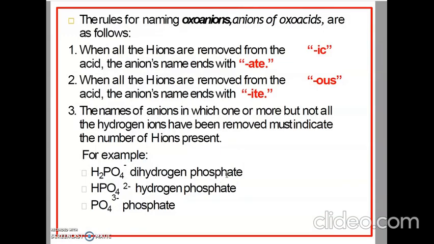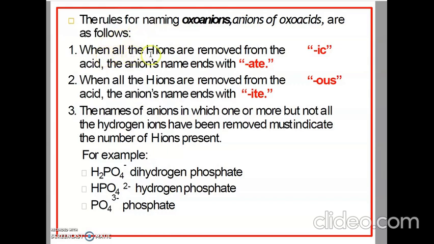Okay, the common example, these are the rules for naming oxoanions, anions of oxoacids, as follows. The common examples are dihydrogen phosphate, hydrogen phosphate, phosphate. So how do we name anions of oxoacids?